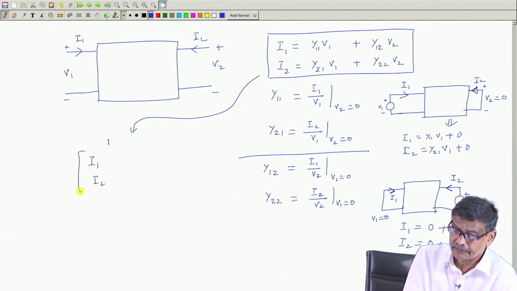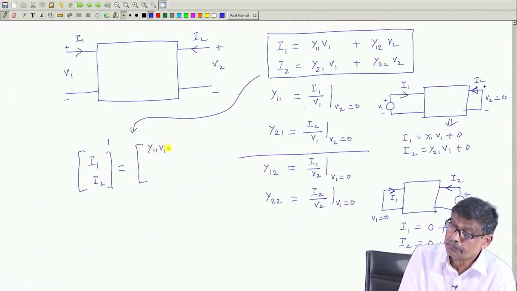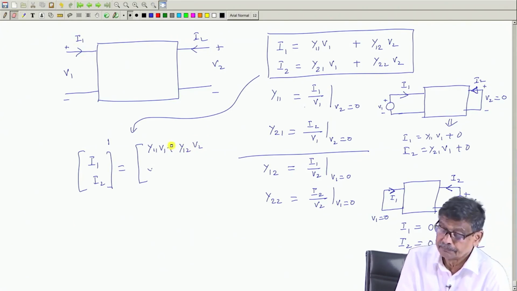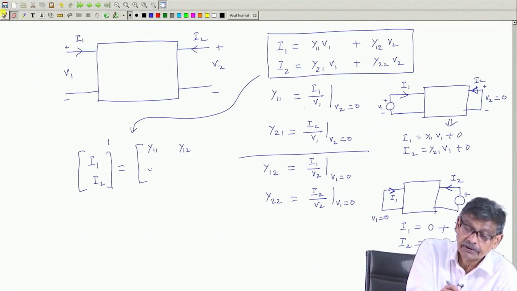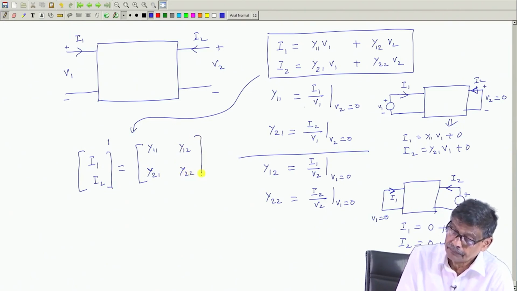This obviously can be written in a compact matrix form like this: y 1 1 V 1 plus y 1 2 V 2, in the matrix of y 1 1, y 1 2, y 2 1, y 2 2 with V 1 and V 2.